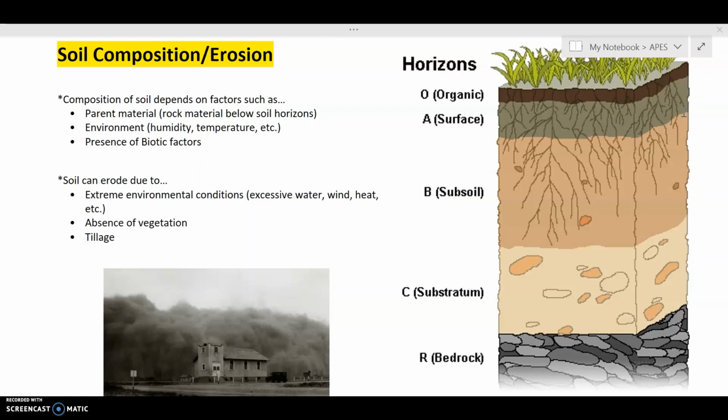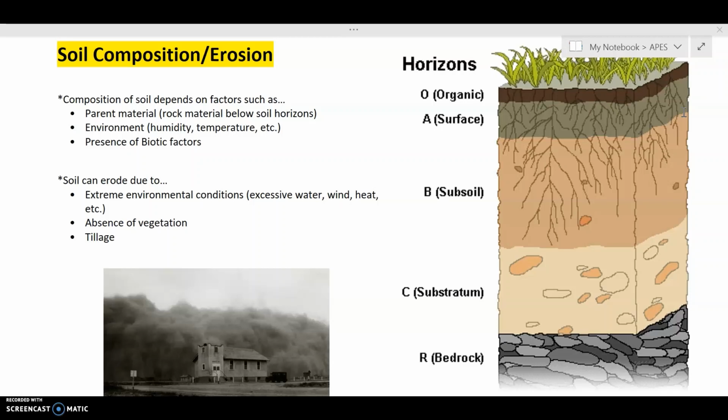Another thing that changes soil composition is the environment. So, what humidity is it exposed to? What temperatures is it exposed to? All these factors are going to contribute to what the soil looks like, what it's made up of.